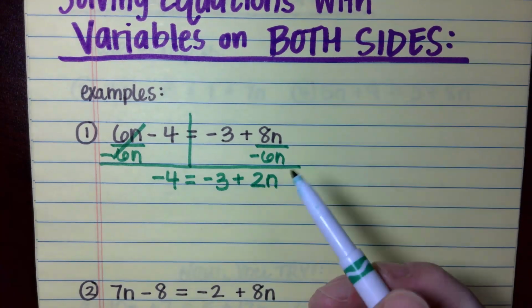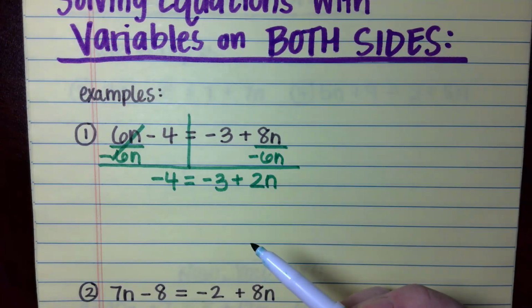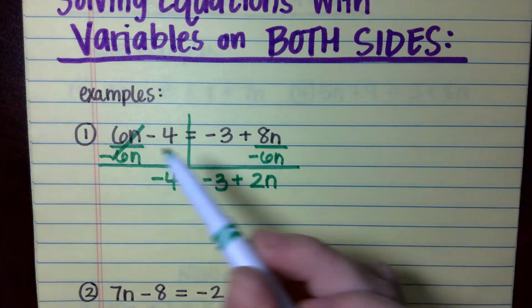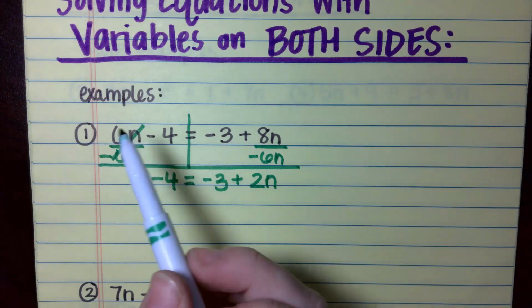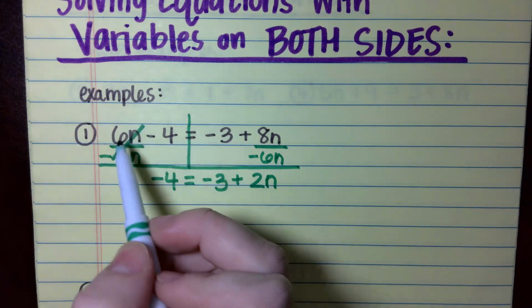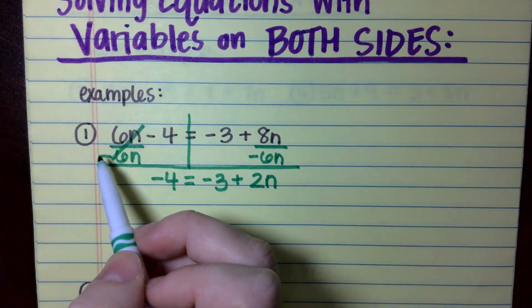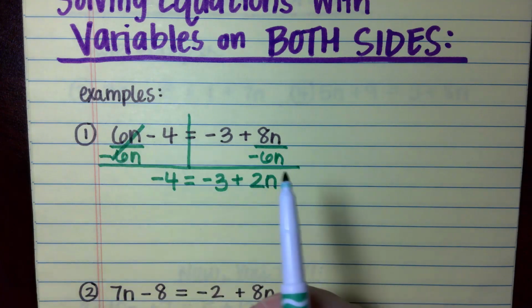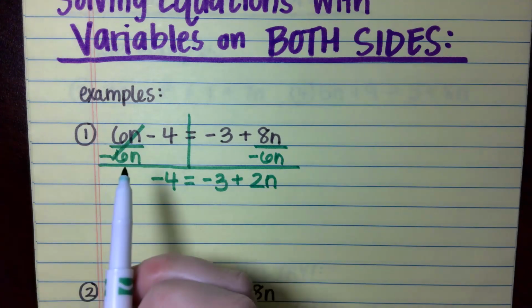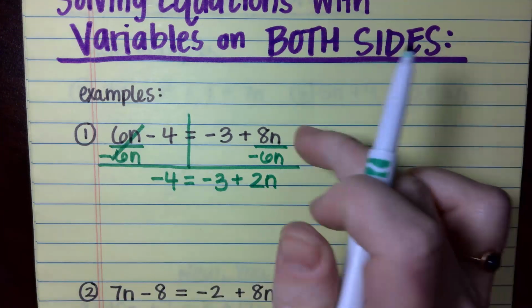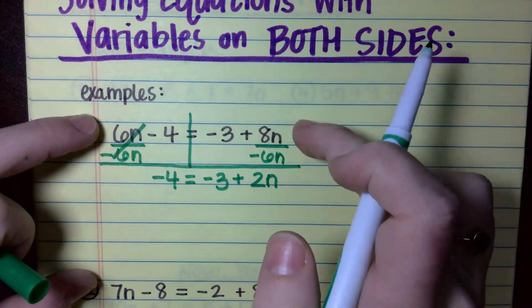Now, we don't have to bring the n down at the beginning? No, we got rid of it. Okay. Yes. So what we did here is we had a positive 6n. So we just subtracted that. Now, the only reason we did it this way this time is because we have variables on both sides.